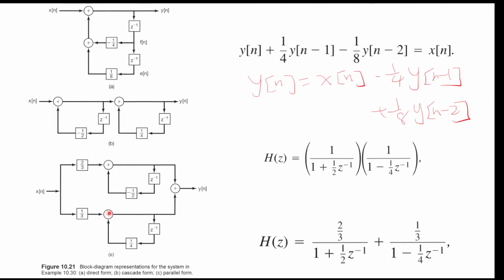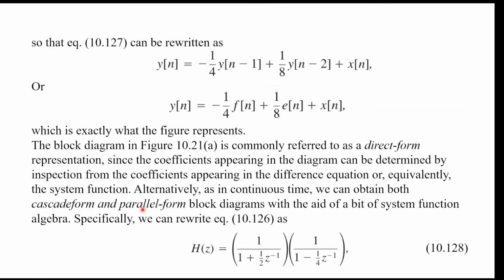Then you can also do a partial fraction expansion of H of z into these two partial fractions, and each partial fraction has its feedback loop to give you this 1/(1 minus a z minus 1) factor. So those are the three forms of the block diagrams: direct form, cascade form, and parallel form.